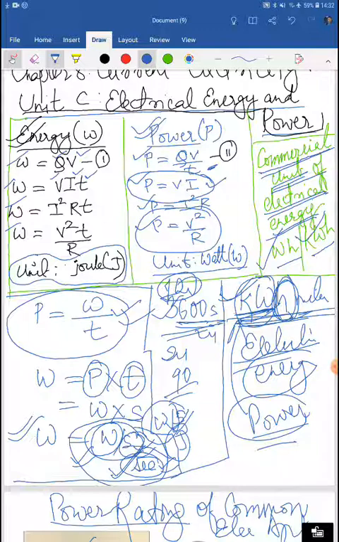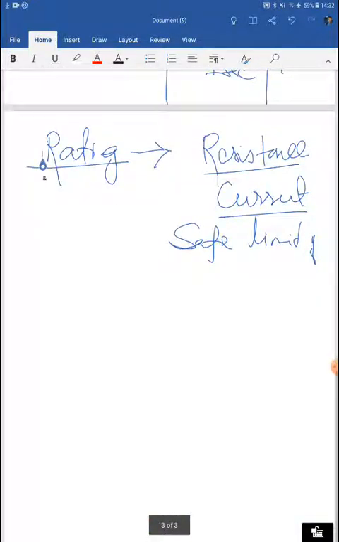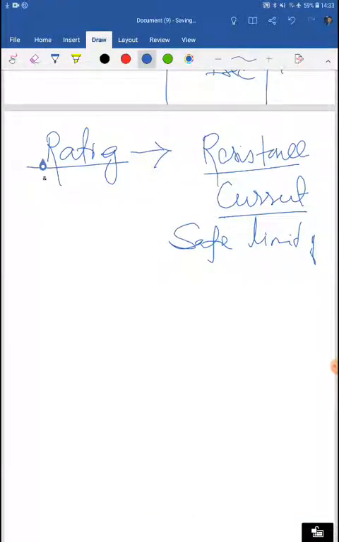From using these two equations, we can get two things from the power rating of an electrical appliance. One is the resistance of the filament or the element that is used in the electrical appliance, and number two is the current, the safe current that has to flow through the electrical appliances which we are using. Are you getting my point?